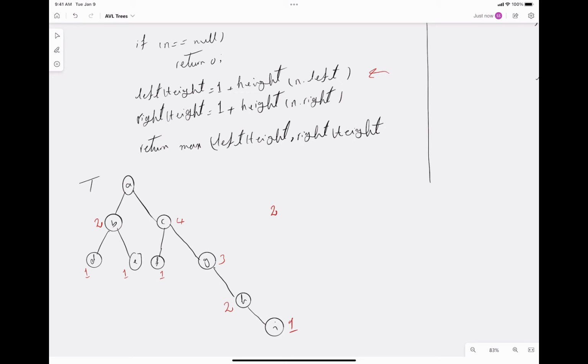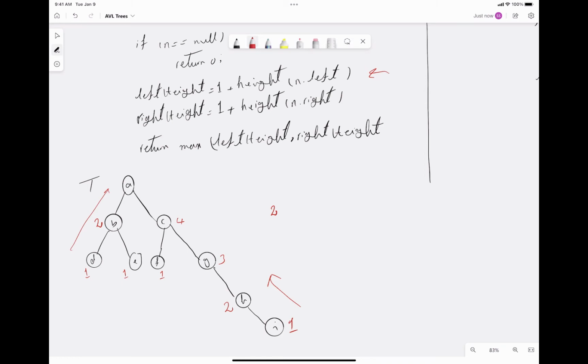So we're going from the very bottom up to calculating the height of the node A. The calculation, because it's recursive, goes from the very bottom of the tree up to the very top of the tree, which is the node A. Now that we have calculated the height of the nodes C and B, which are the immediate children of the node A, we're ready to calculate the height of A. From the left side, the child of A, which is B, has the height of 2. And so from the left side, the height of A will be equal to 3.